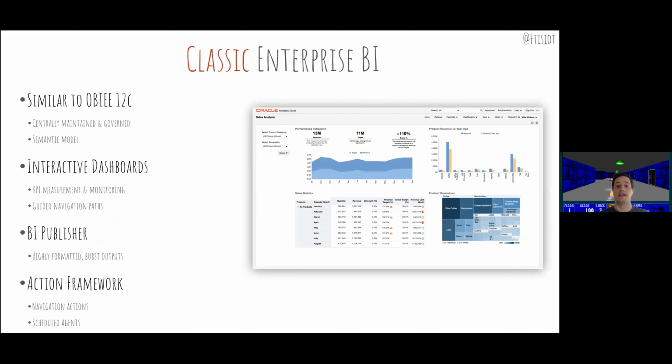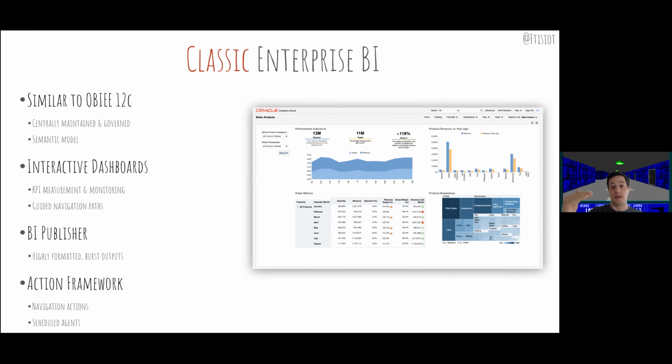The classic, as I said, is IT-centric. So the business will see the data, will be able to do some self-service analytics, but the core stays in the hands of the IT department. In Oracle Analytics, the experience is very similar to OBIEE 12c. So you have an RPD, a central metadata model, and you have analysis and dashboards where users can create their own content.